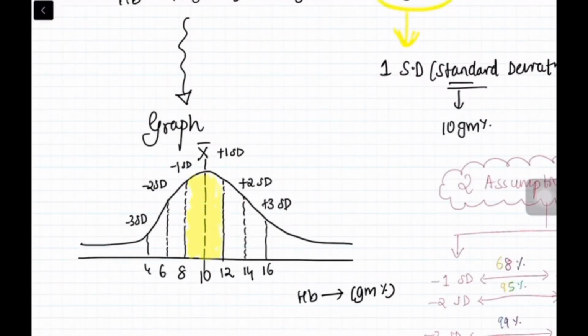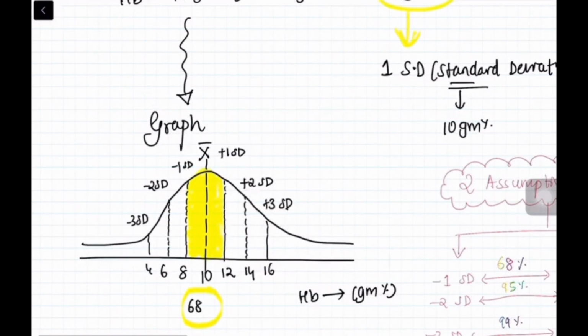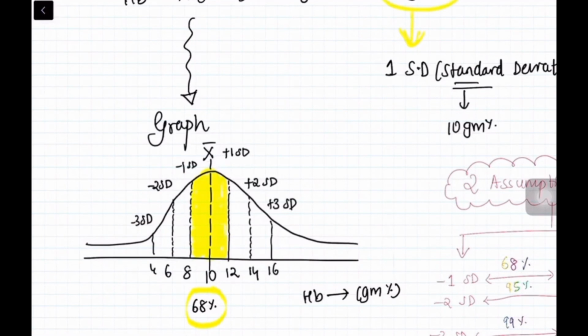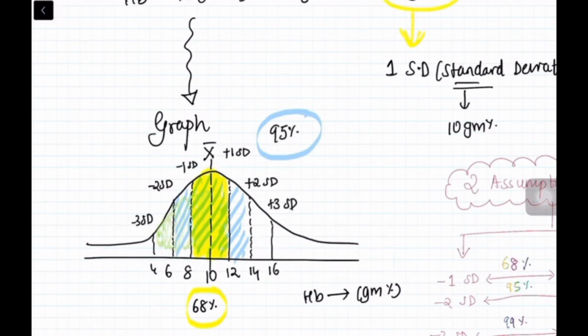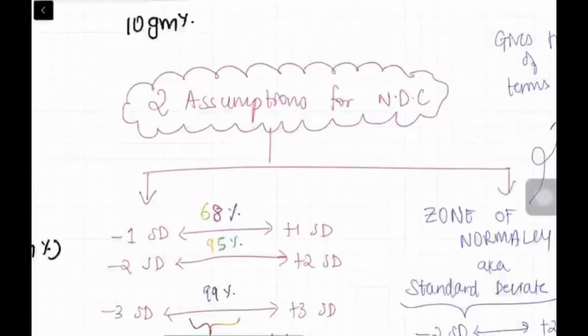Between minus 1 standard deviation and plus 1 standard deviation, that is between 8 to 12 gram percentage of hemoglobin, 68% of population falls. Between minus 2 standard deviation and plus 2 standard deviation, 95% of population falls, while between minus 3 standard deviation and plus 3 standard deviation, 99% of population falls.